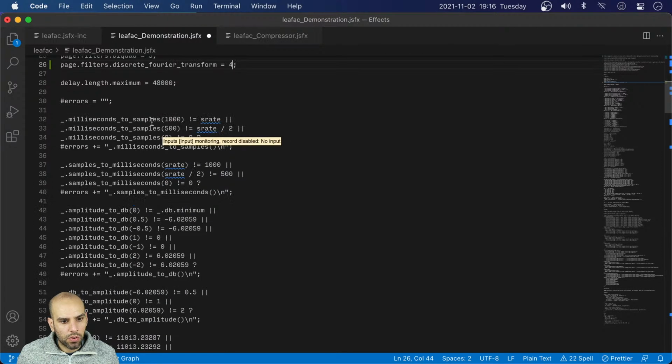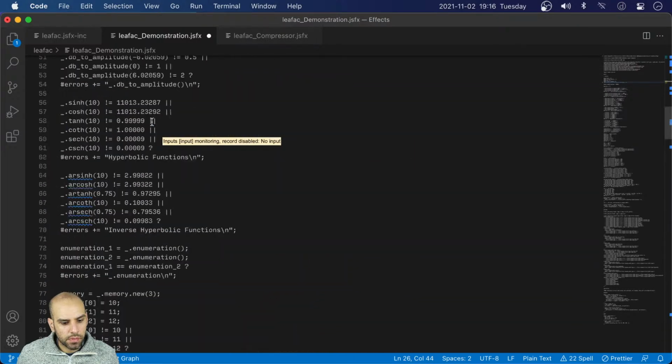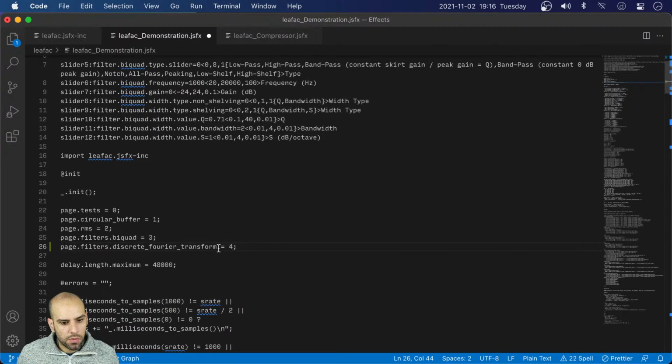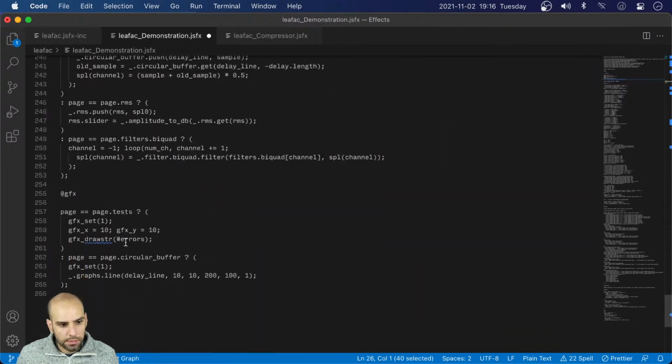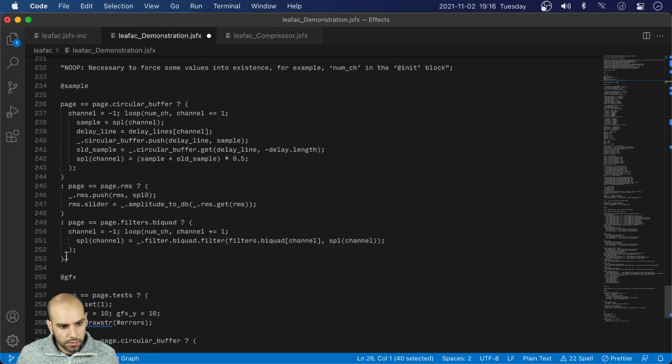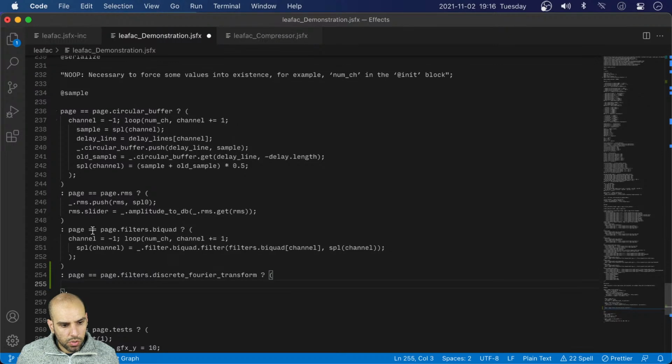That's page number 4. And if I am on this page, on the sample block, I will want to collect material into that.